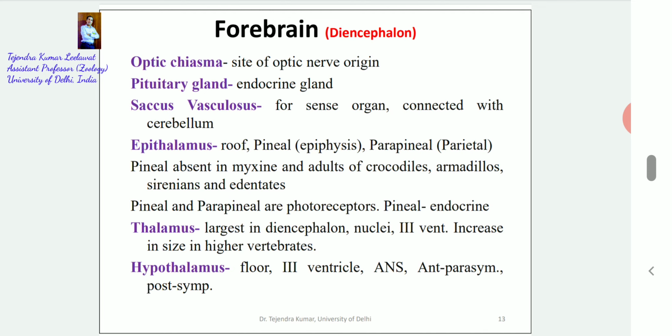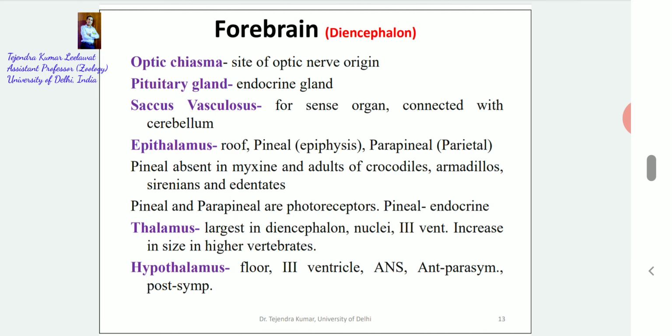You very well know about it, so I'm not discussing it more here. Succus vasculosus is used for the sense organ, and it connects with the cerebellum. When there is some signal, when it senses something, then it shifts through the cerebellum.